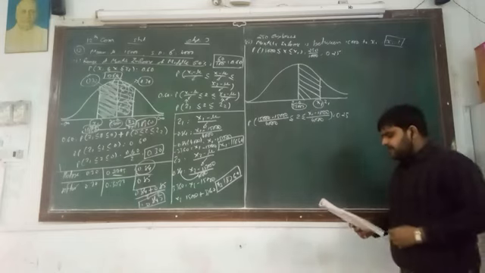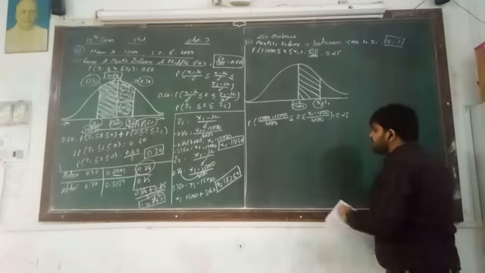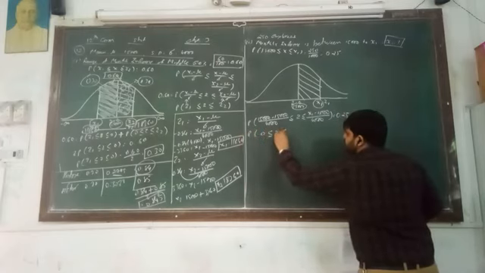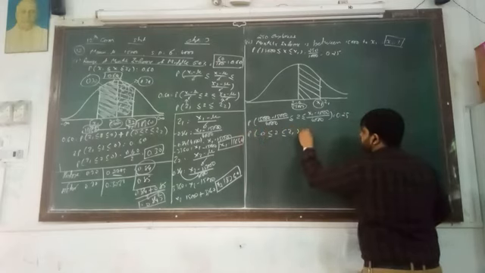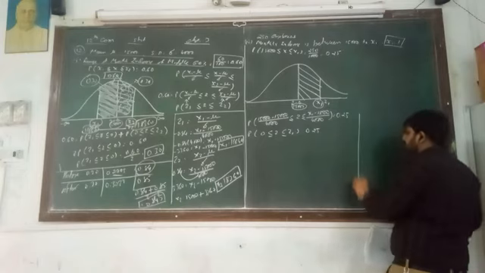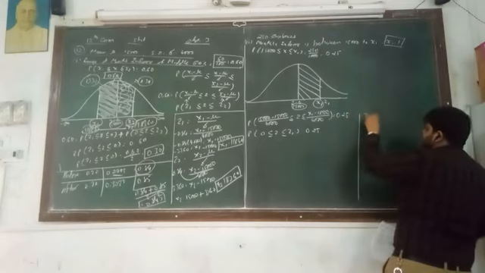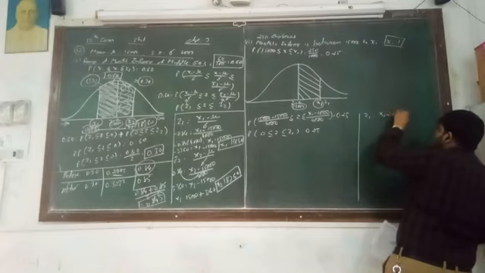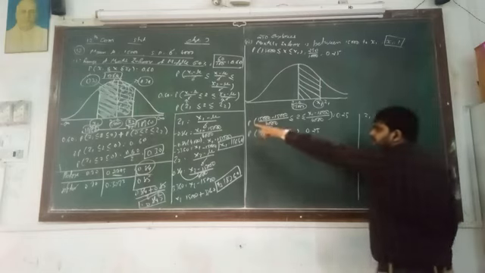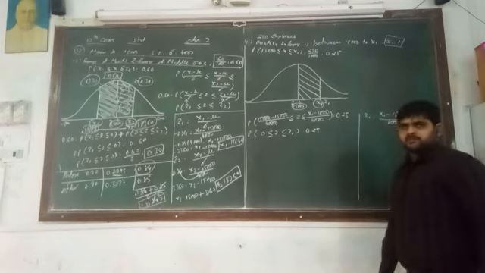So simple. We have to see that P of 0 to z1 is equal to 0.25. So what is the value of z1? Here we can write z1 is equal to x1 minus 15,000 divided by 4,000.